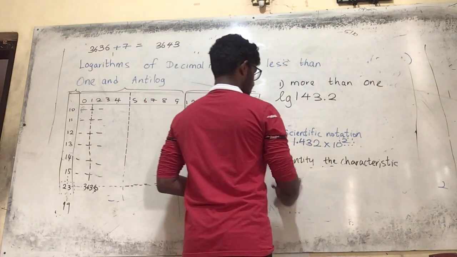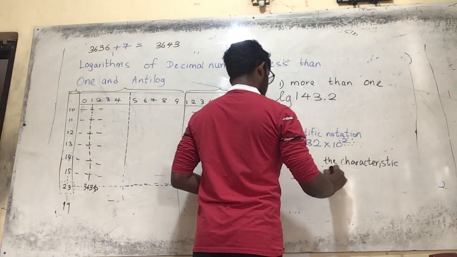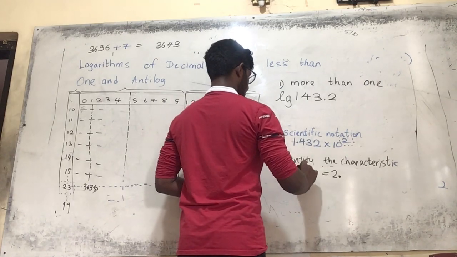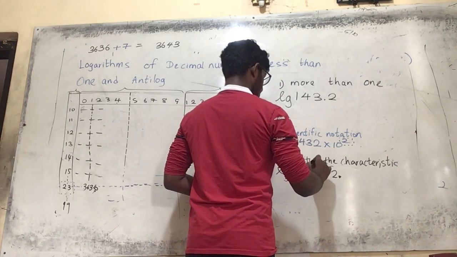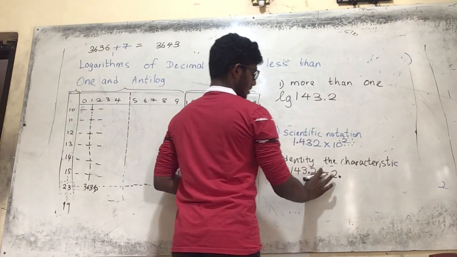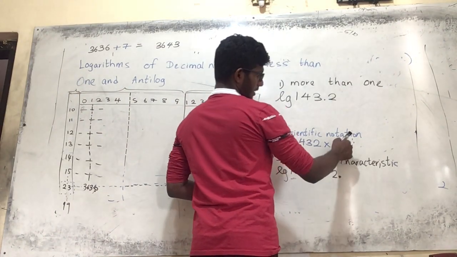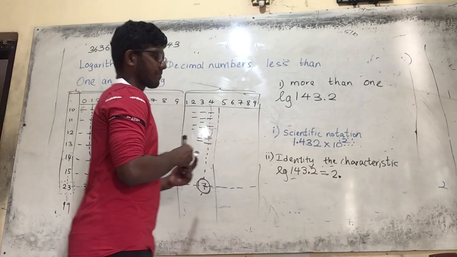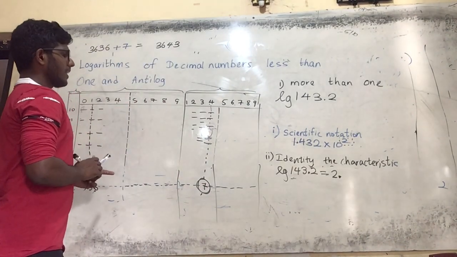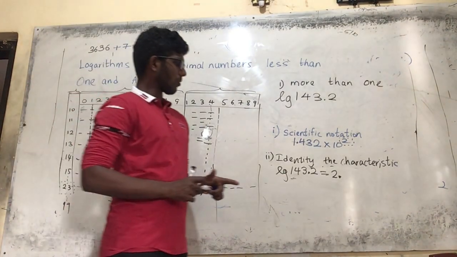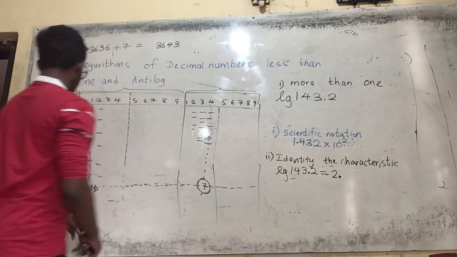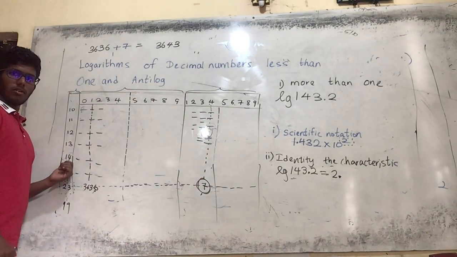Now, the decimal, right? These are questions, right? Okay. So I identified 2 as the characteristic, wrote it and put the decimal. Then, now I have to go to 14.